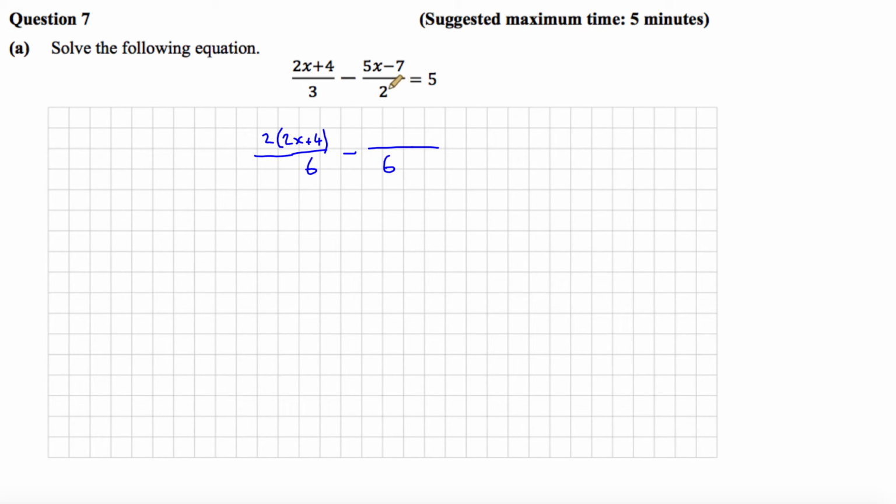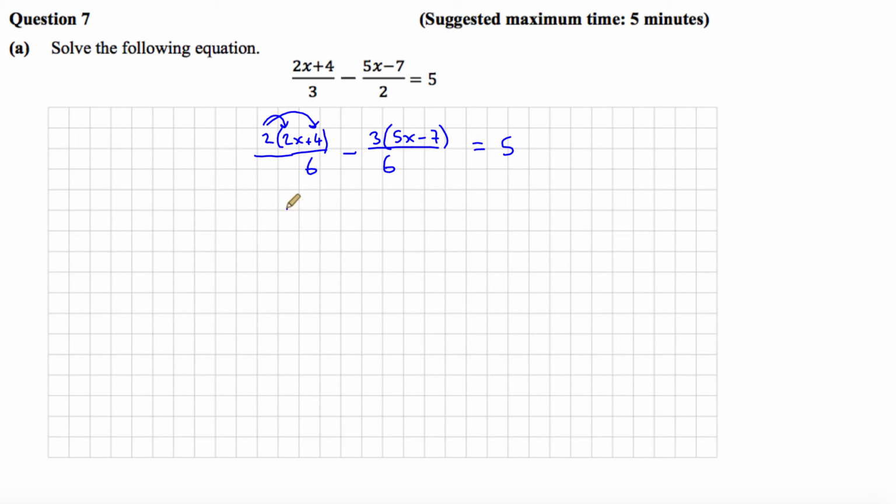And over here, we can say, what did we do to this 2 to make it become 6? Well, we multiplied it by 3, so we're going to do the same to the top of the fraction here. So it's 3 multiplied by the 5x minus the 7. And that's all going to be equal to 5. So, what we can do now is expand the brackets on top.